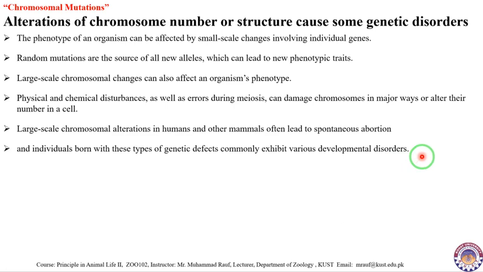There are so many genes, and almost all chromosomes have genes which play some role in this developmental process. So any kind of chromosomal mutation will have effects on development.